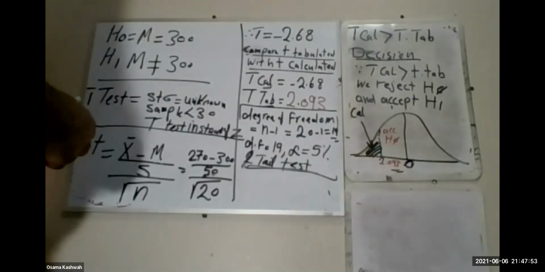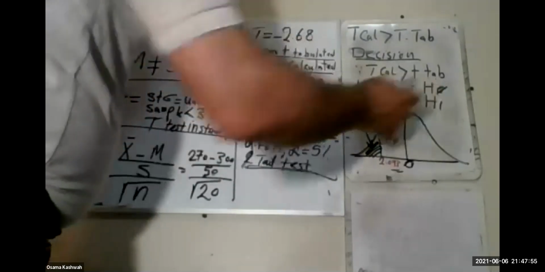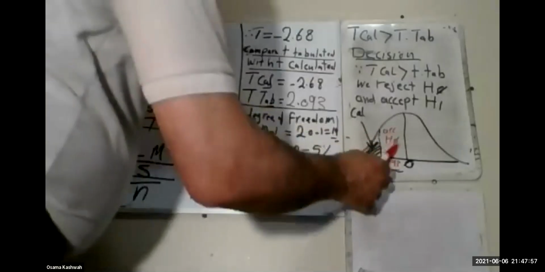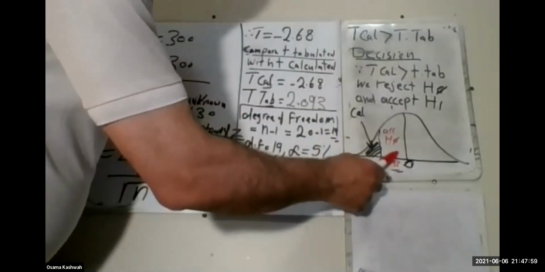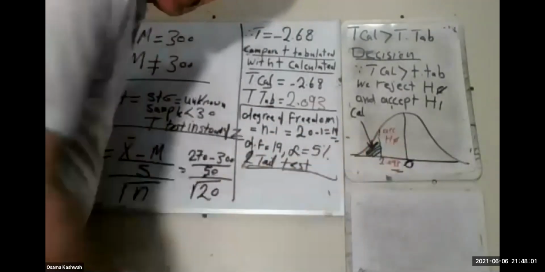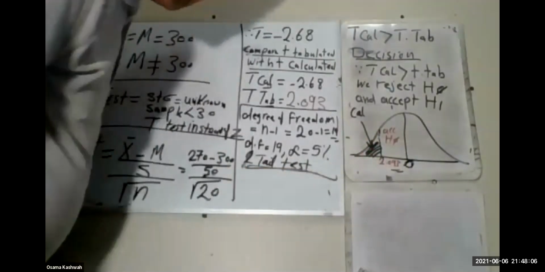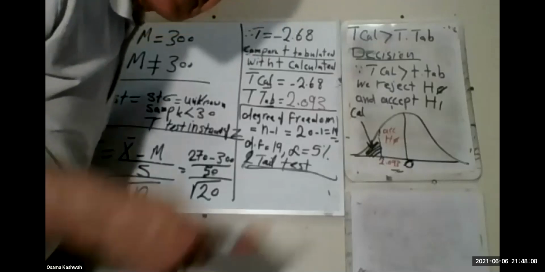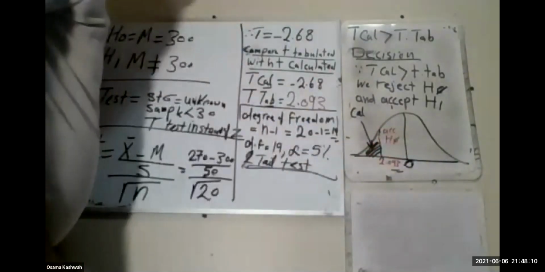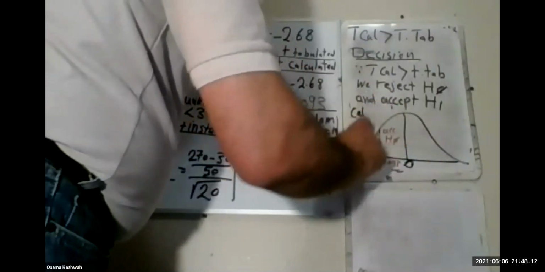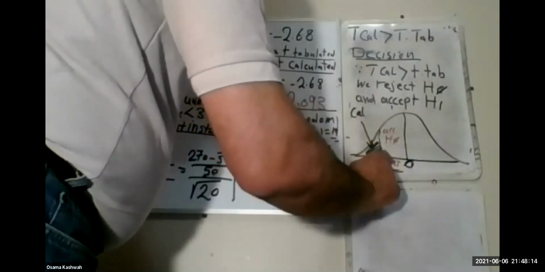We reject H0 because we are out of the area of accepting H0. We are in the area of accepting H1 or rejecting H0, because the T calculated is greater than the T tabulated.